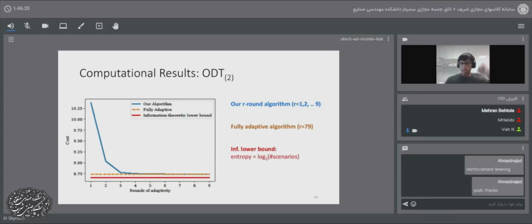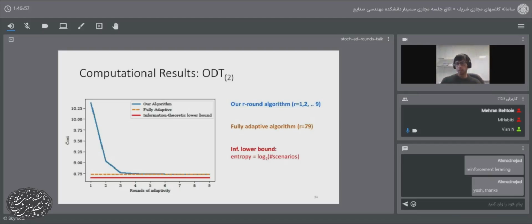So this plot again shows the expected cost of our algorithm in blue as we increase the number of adaptive rounds. The orange line gives us the cost of the fully adaptive solution, and the red line gives us an information theoretic lower bound. And this time, there's a very simple lower bound that we can use, which is just the entropy.